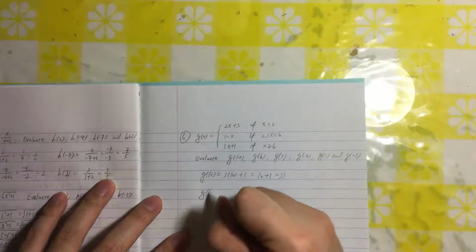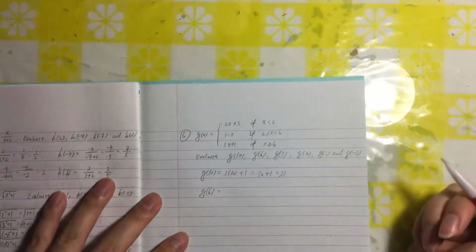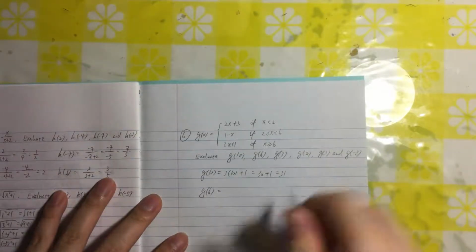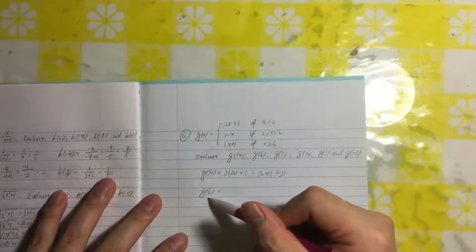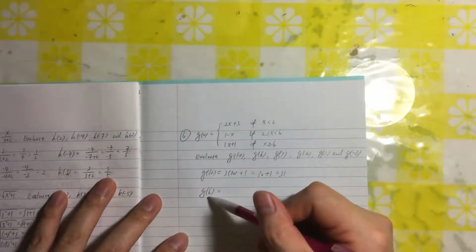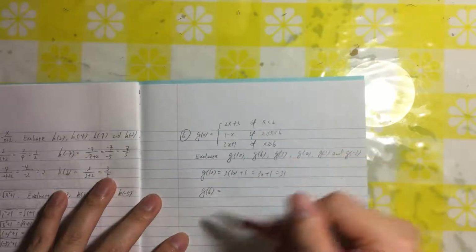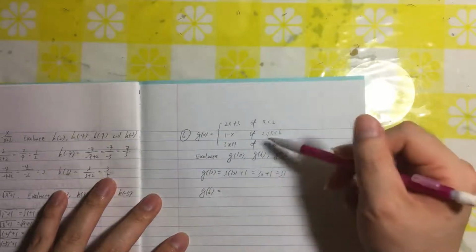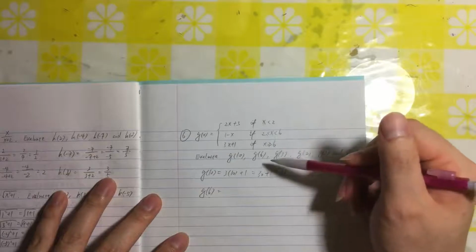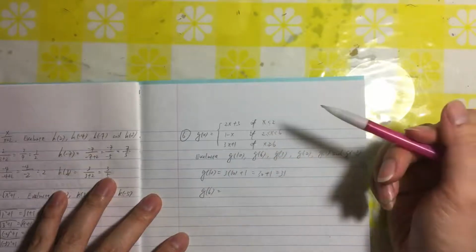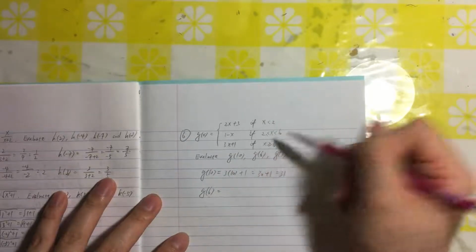Next, how about g of 6? For g of 6, this 6 represents x. We try to check the conditions. Which condition does number 6 satisfy? Is 6 less than 2? Is 6 between 2 and 6?